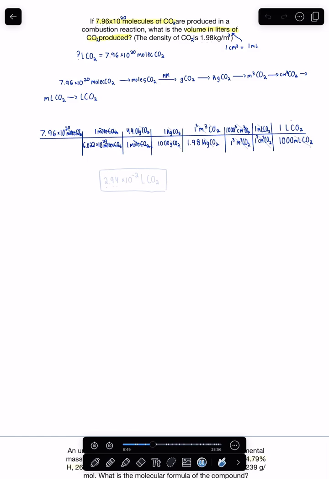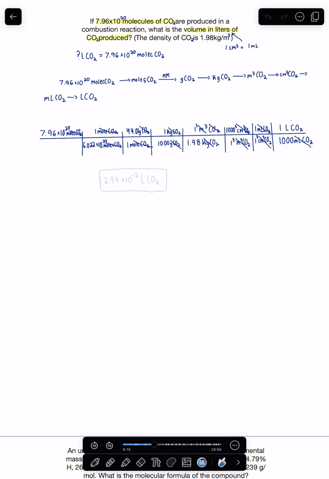But before that, I'm going to make sure that all my units are canceling. So we have grams canceling, kilograms canceling, meters cubed canceling, centimeters cubed canceling, and finally milliliters canceling, leaving us with liters.